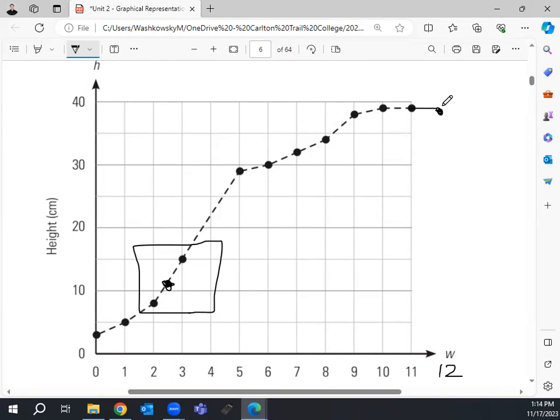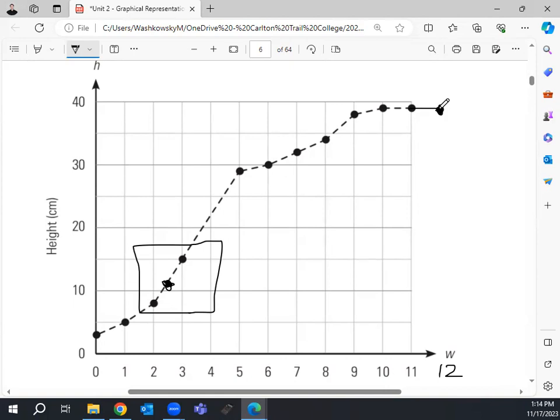So interpolate is going between 2 values. Extrapolate is going after it, yes. Yeah, it probably is going to go up slightly, technically. It's probably still growing, just not a lot. But generally speaking, it looks like it's going to be about 39 or so centimeters, right? 38, 39.